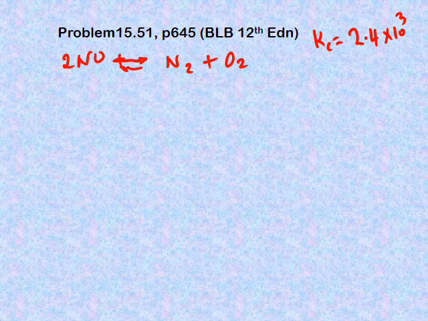The initial concentration of NO is given, so let's use the initial concentration. I'll put down INIT, 0.175.